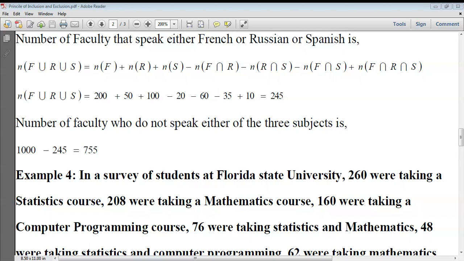Now let us see the next example. So in a Florida State University, there are three courses. One is statistics, the other one is mathematics, and the other one is computer programming.